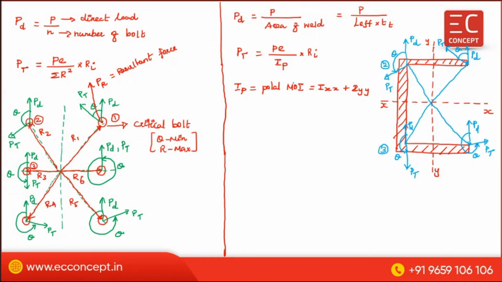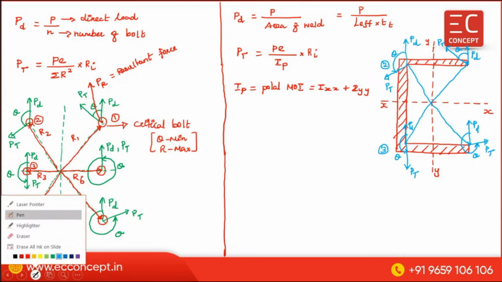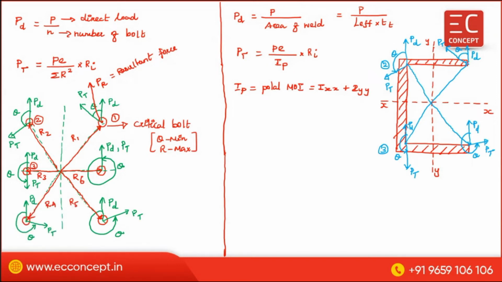Now everything is fine. Where is the resultant stress acting? The resultant stress is calculated similarly to this. Somewhere here it will flow like that. This is PR. Similarly here also the resultant stress will act, that is PR, and similarly for this junction.